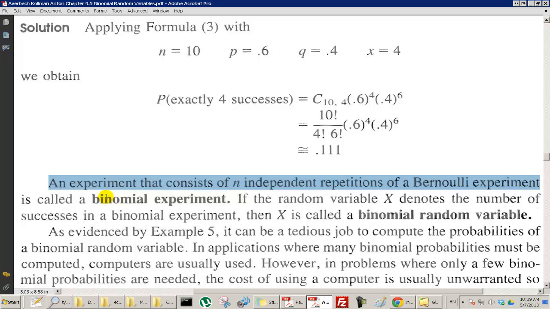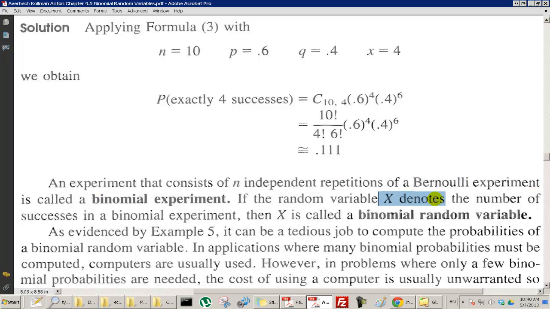So we do the experiment of tossing a coin 10 times. That would be called a binomial experiment. Or we toss it 20 times. That would be called a binomial experiment. If the random variable x denotes the number of successes in a binomial experiment, then x is called a binomial random variable.